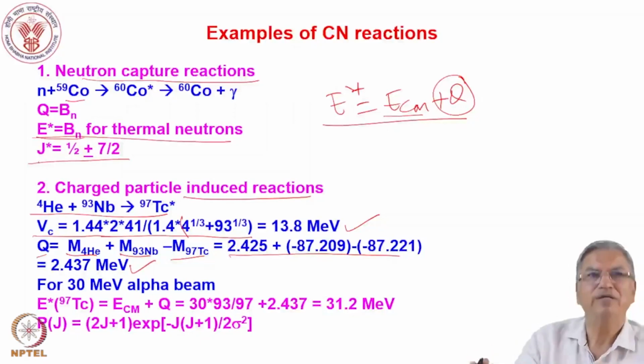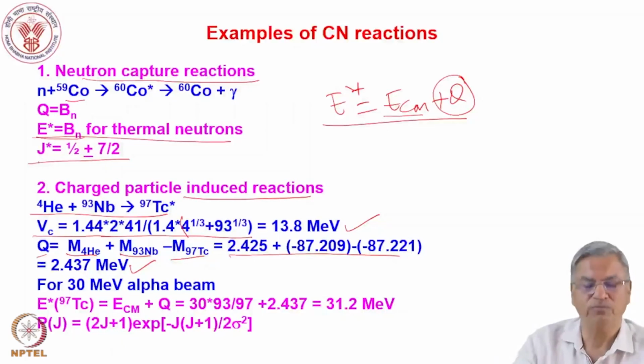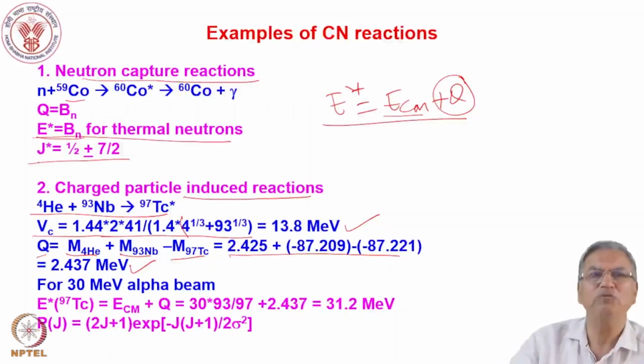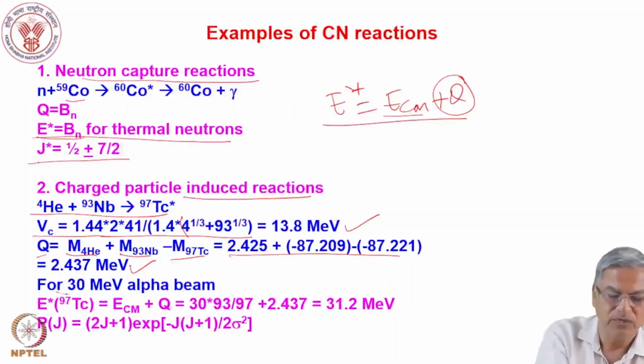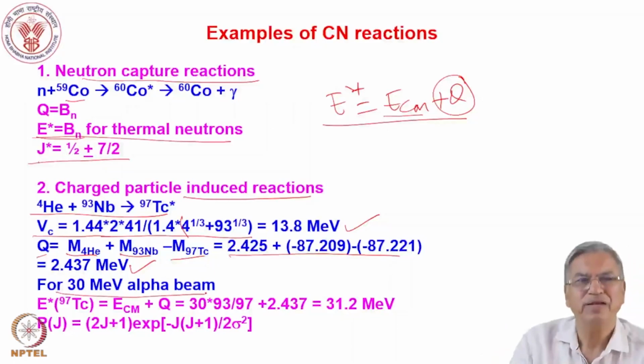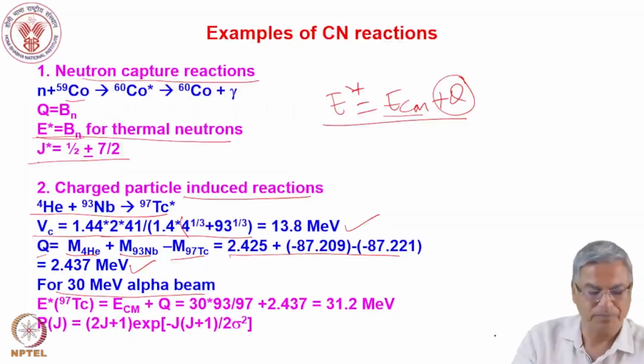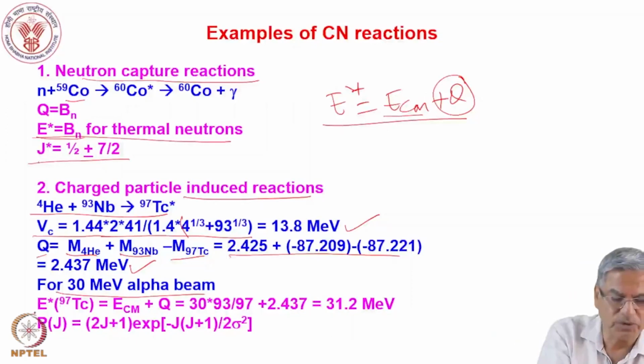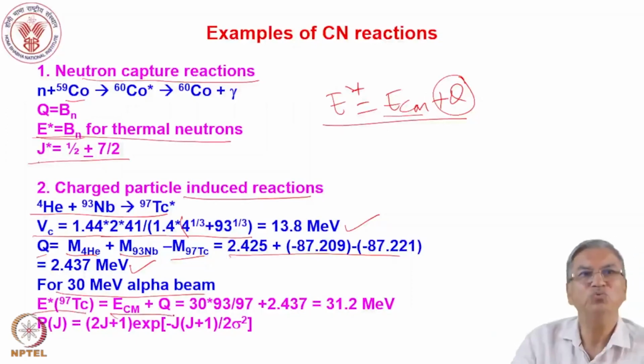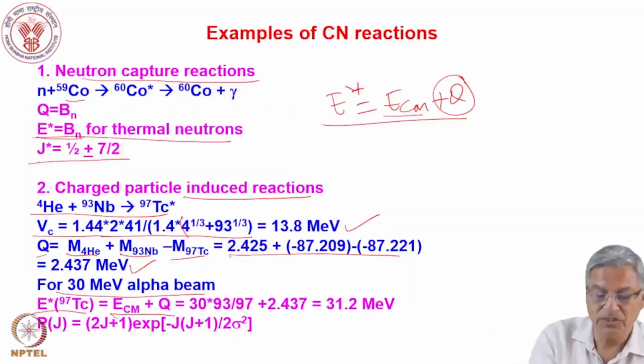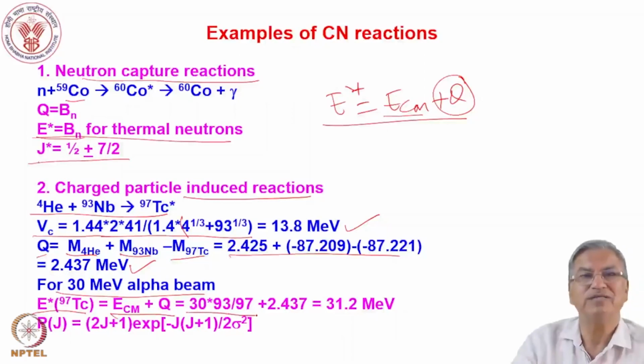So you have to have the center of mass energy of the alpha more than or equal to 13.8 MeV. Normally you will be much above the Coulomb barrier. Let us say you take a 30 MeV alpha beam, and for a 30 MeV alpha beam, again calculate the excitation energy and angular momentum. So the excitation energy of the compound nucleus will be ECM plus Q. For 30 MeV, ECM will be 30 into 93/97.